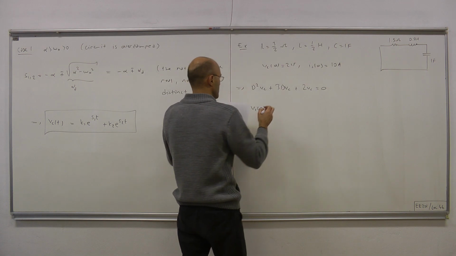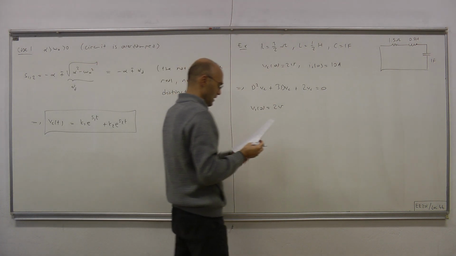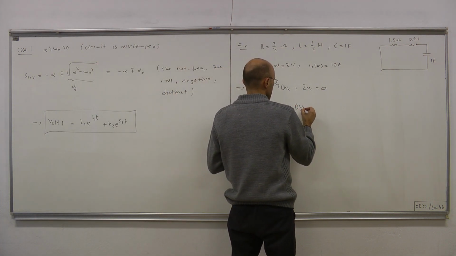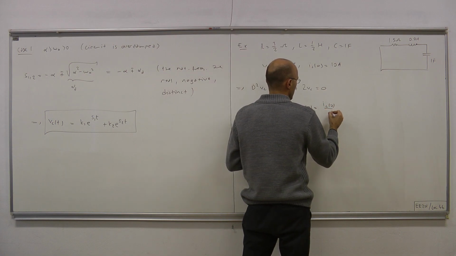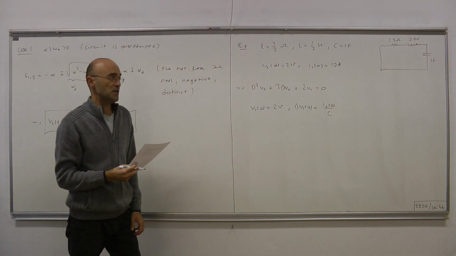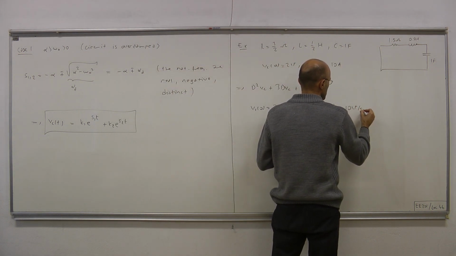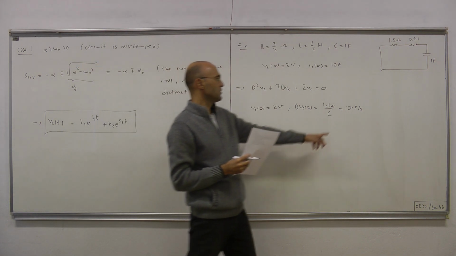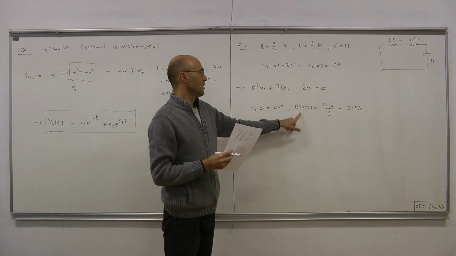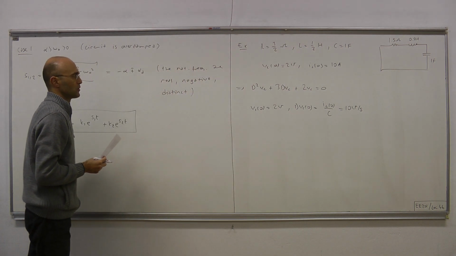Vc0 equals 2 volts and dVc0 equals IL0 over capacitance C, which is 10 volts per second. Okay, that unit is volts per second because the variable is the rate of change of capacitor voltage with respect to time.